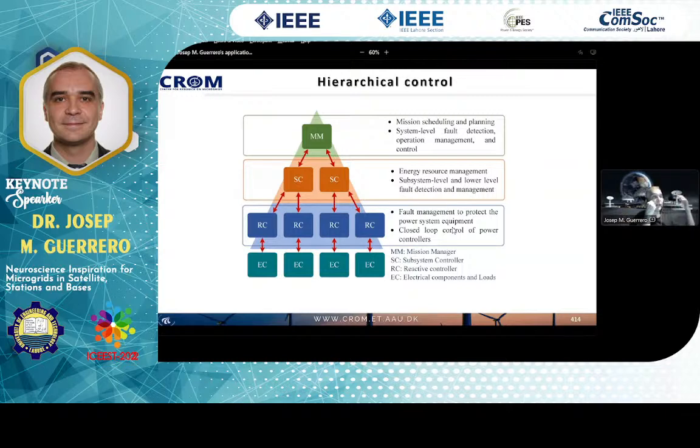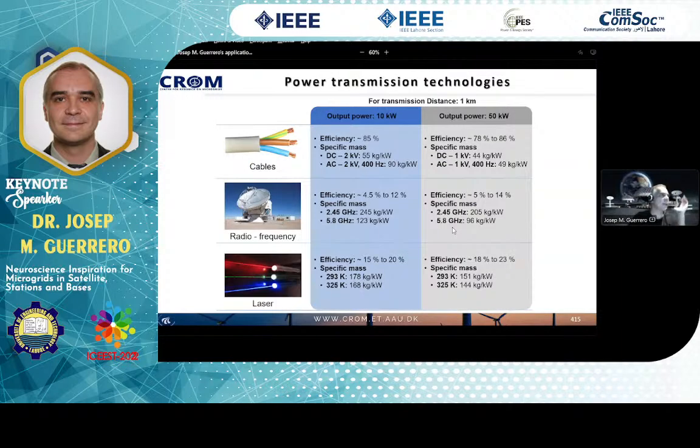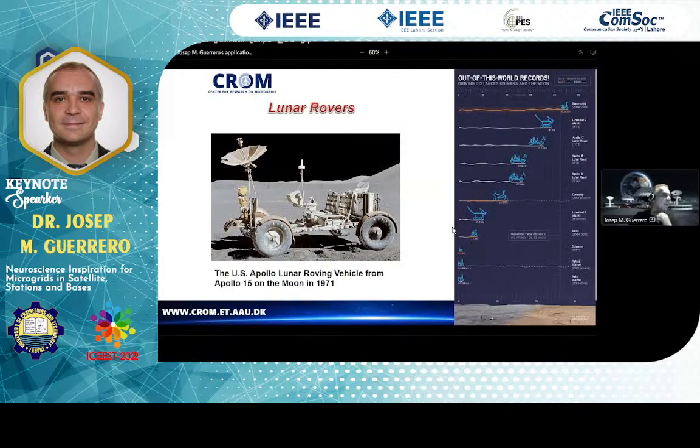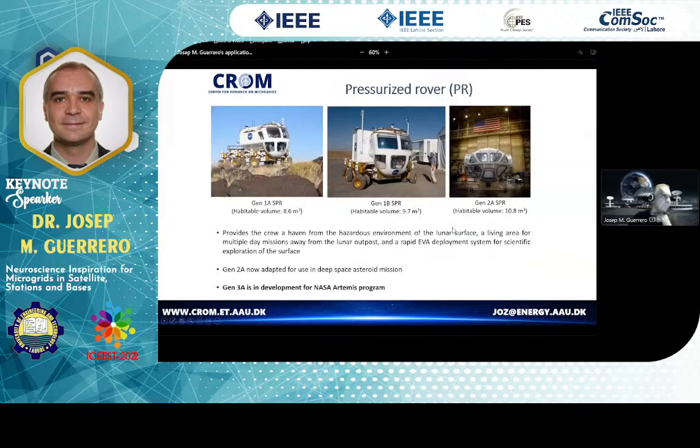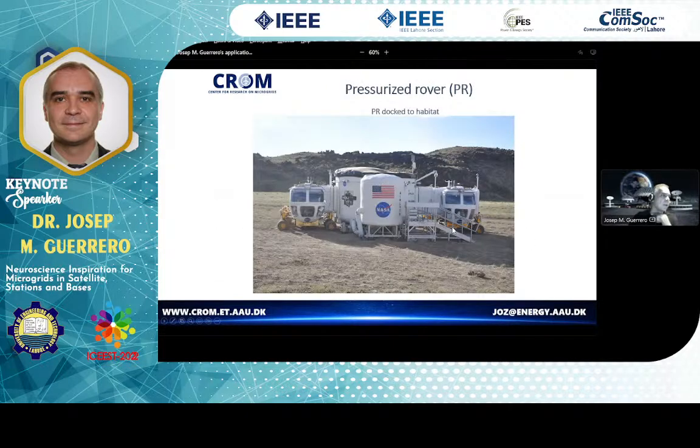And the mission manager system is basically like an energy management system, which is the tertiary control, the prefrontal cortex in our brain. We studied also transmission technologies, and the different rovers, unpressurized and pressurized, which means that you have oxygen inside.